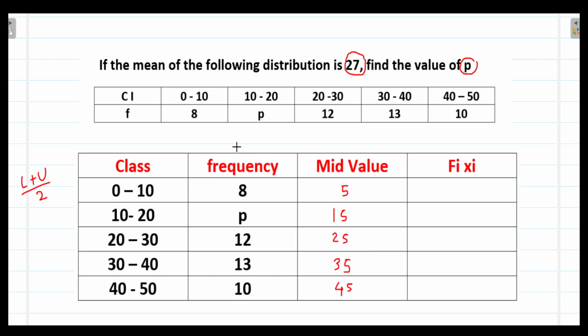Now what we have to do, this is fi, this is fi, and this is xi, and we have to find the fi xi, the product of frequency and the product of mid value.